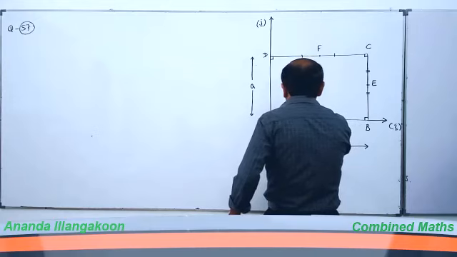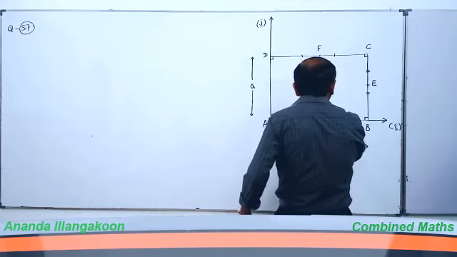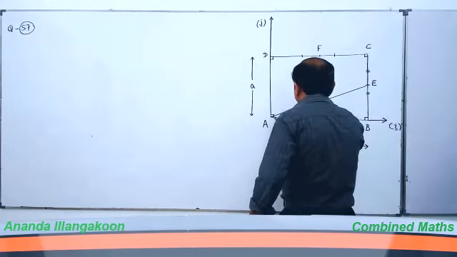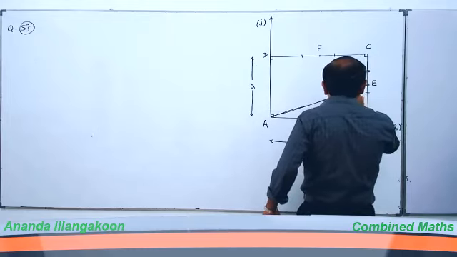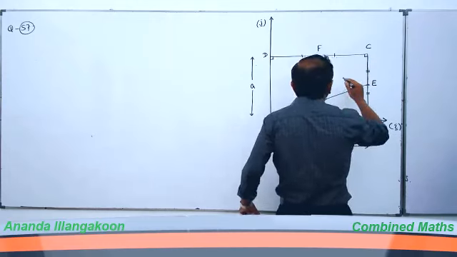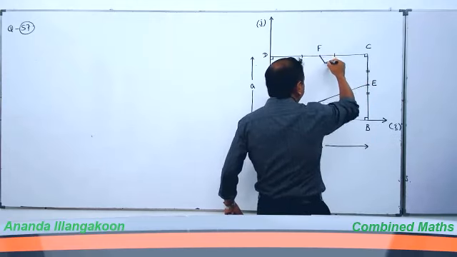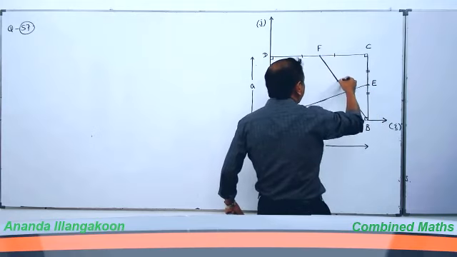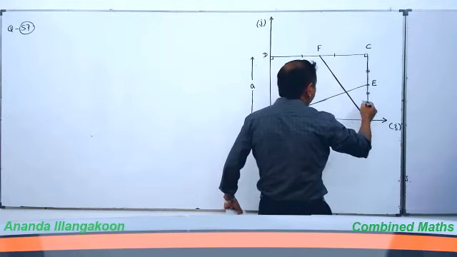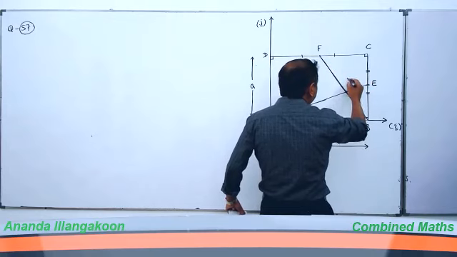AE is this. AE is this. BF is this. They intersect at P.